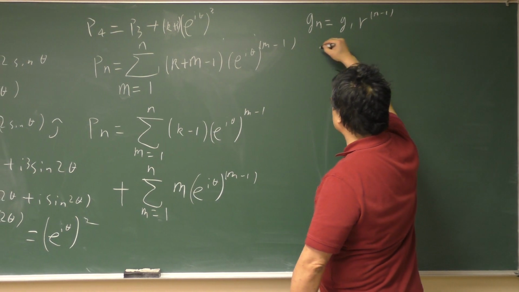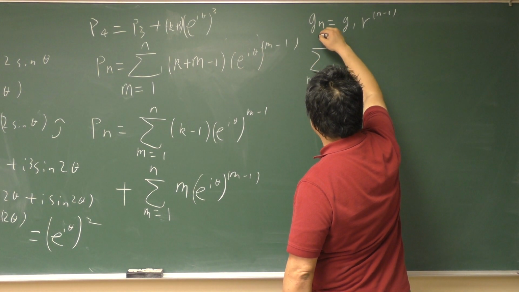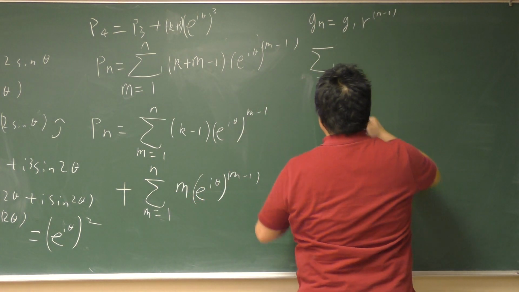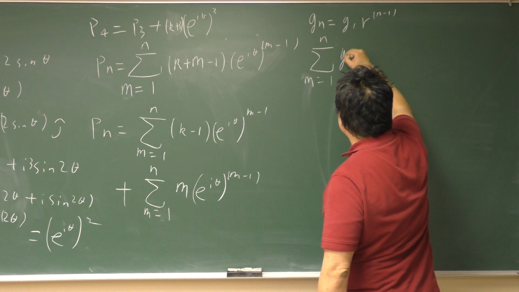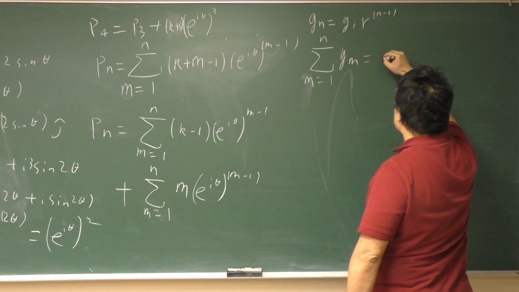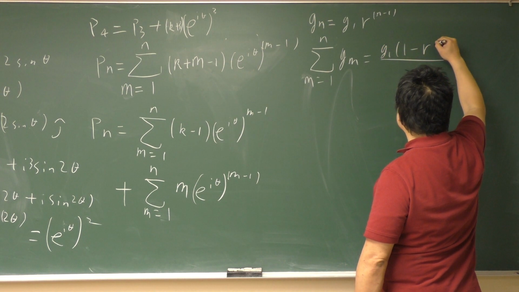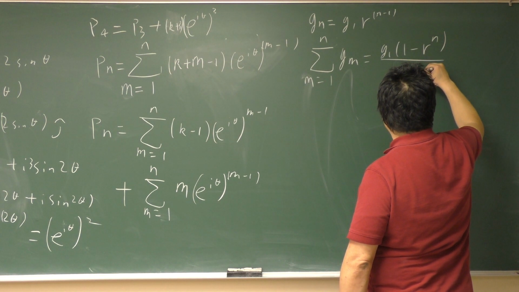If this is the case, the summation from m equals 1 to n of g of m is equal to g of 1 times 1 minus r to the n, over 1 minus r.